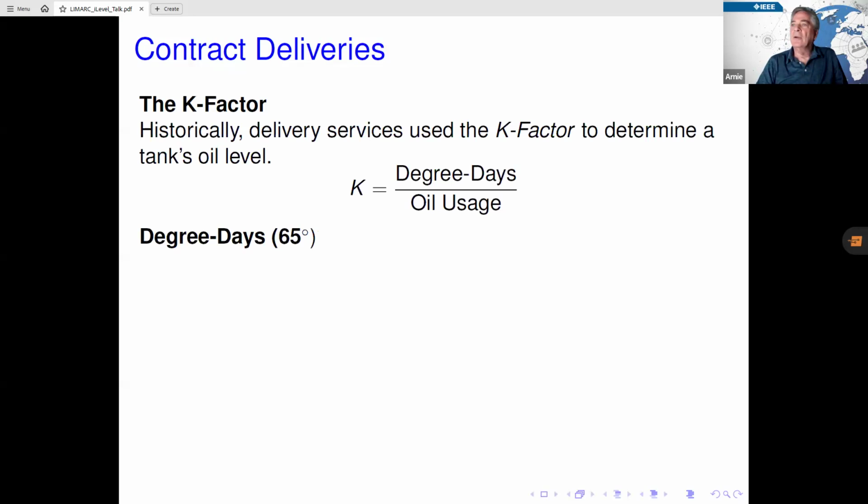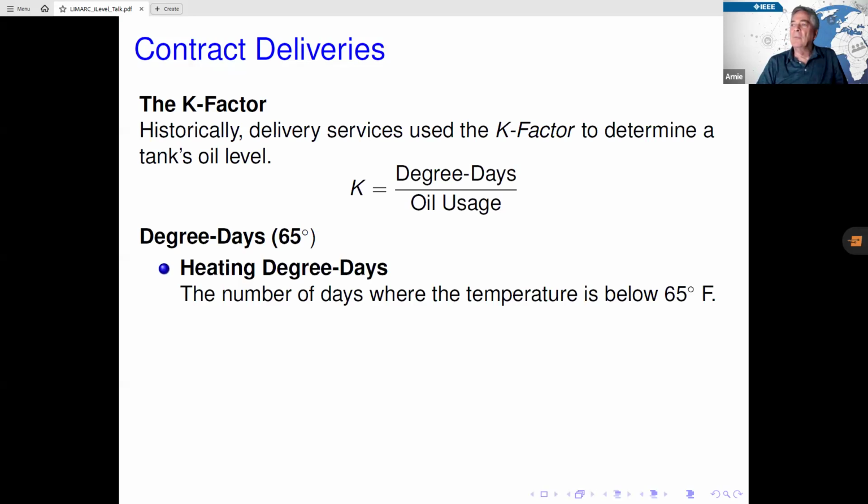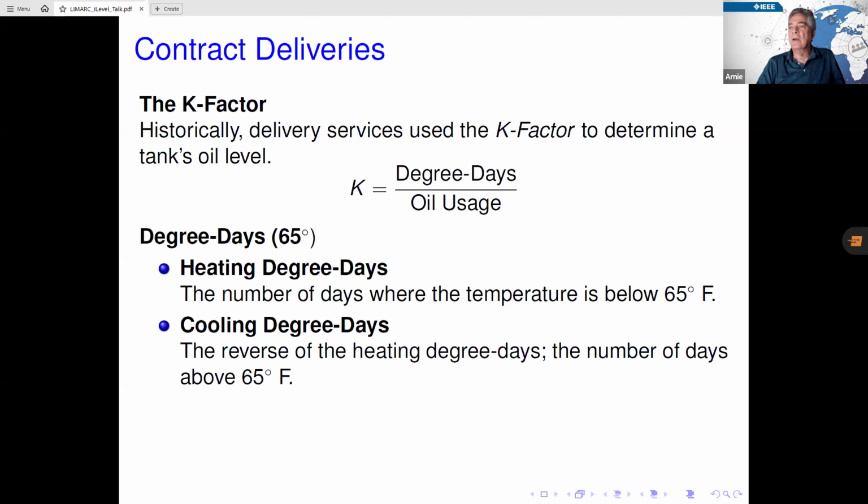Degree days are referenced to a 65-degree external temperature, and they're defined as the number of days where the temperature is below 65 degrees Fahrenheit. For an air conditioning system, the degree day is defined as the number of days where the temperature is above 65 degrees Fahrenheit, and that's a cooling degree day.